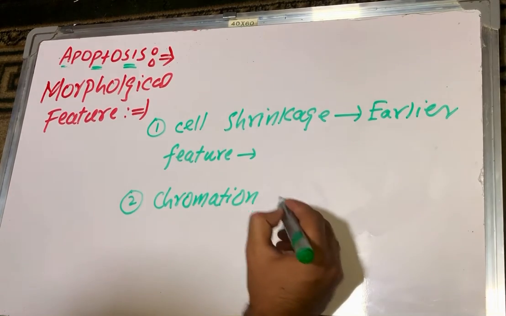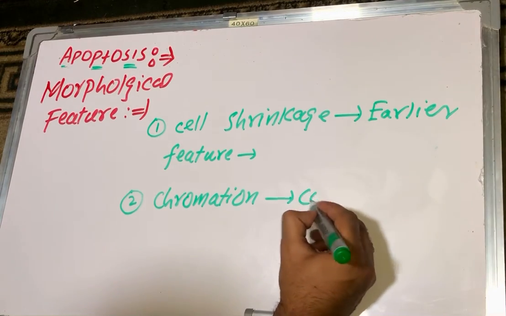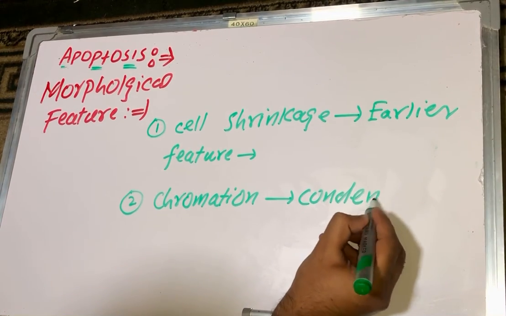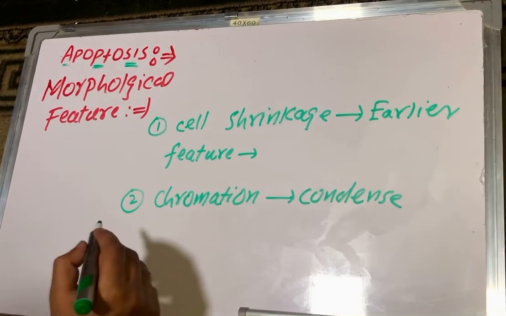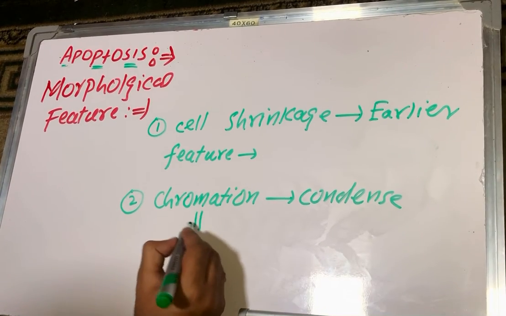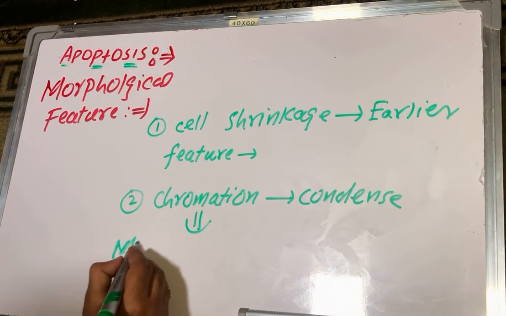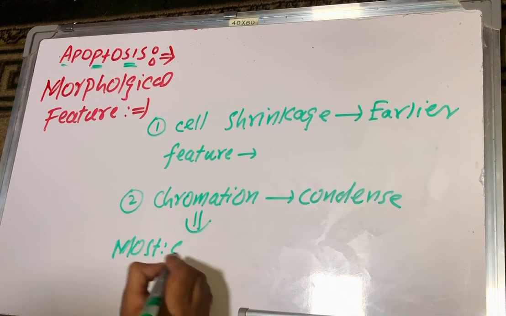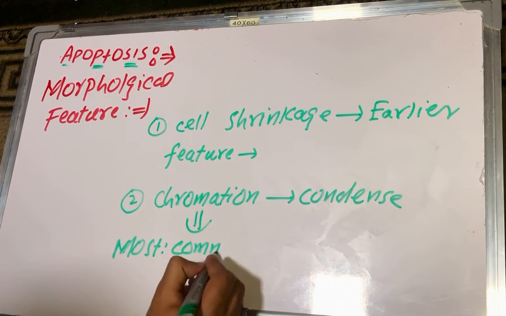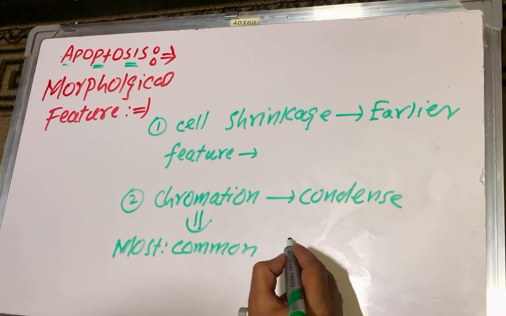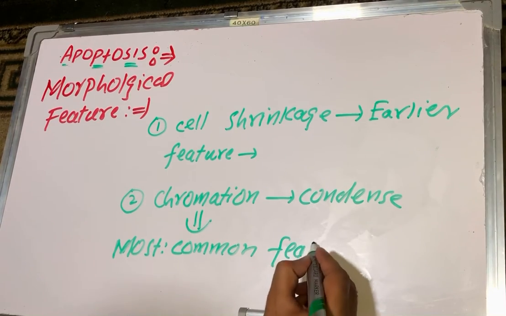Chromatin will condense inside the cell. And remember, this is the most common feature of apoptosis.